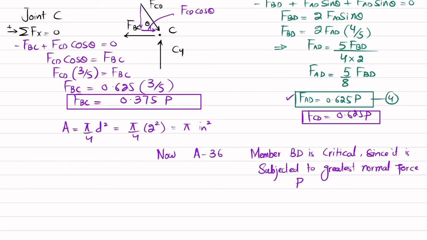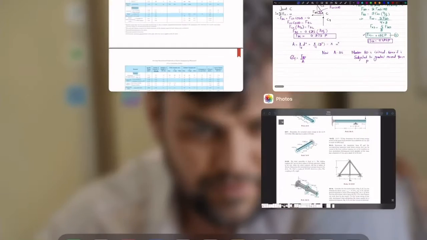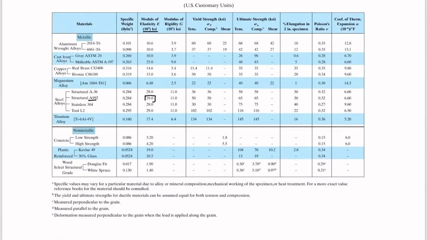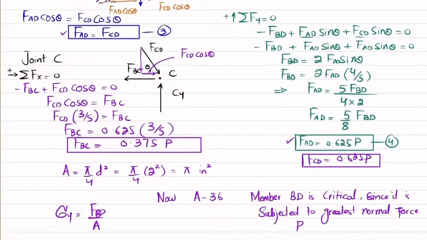And we know that the yield strength is equal to the maximum load, which is in member FBD, not CD, it is BD, divided by the area. For the yield strength, you go to the property table, and you can see that A36 steel has a yield strength in tension of 36 KSI. So note down this value, 36 KSI.